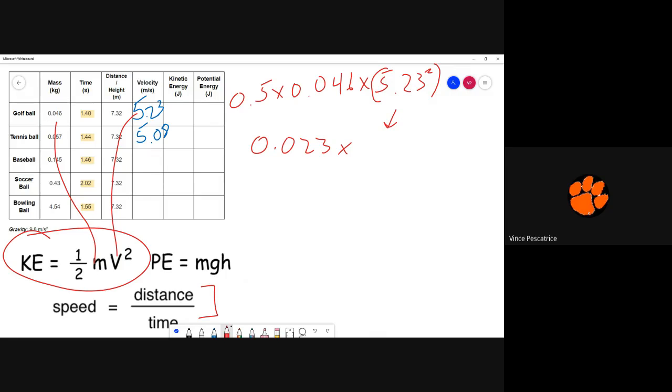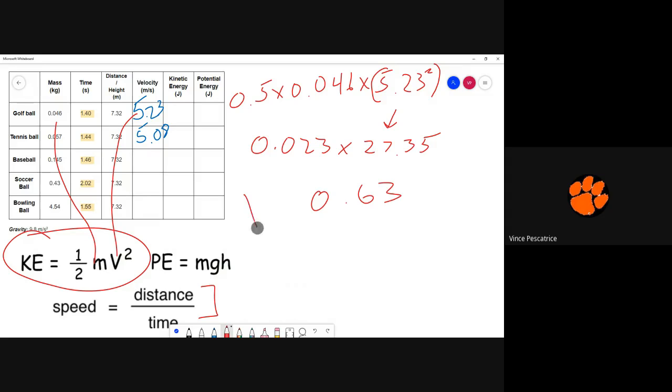That's where I got that number at, 27.35. And then when you multiply those two together, you should get 0.63.